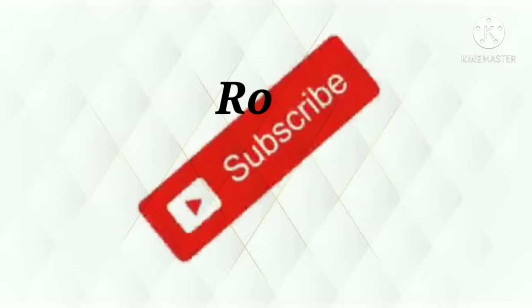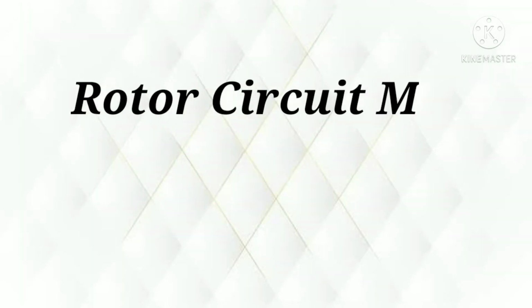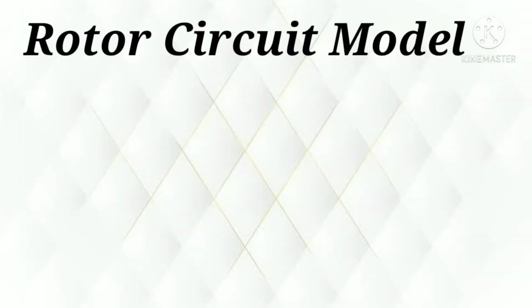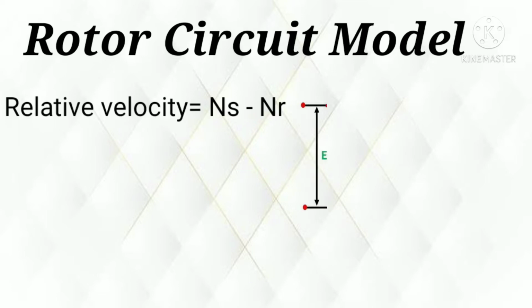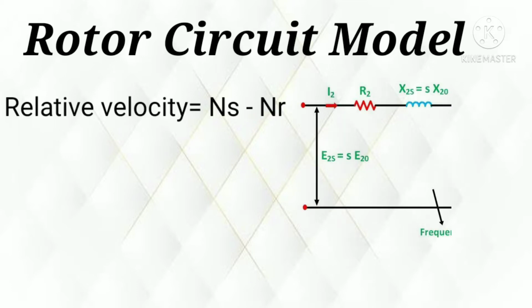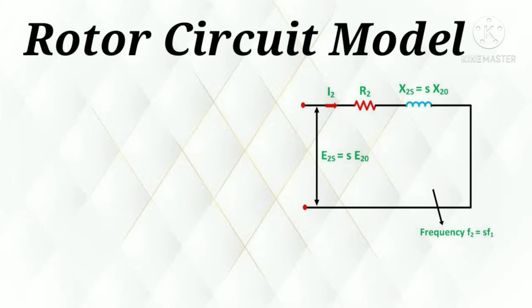Now we will study the rotor circuit model. When a three-phase supply is applied to the stator winding, a voltage is induced in the rotor winding of the machine. The greater the relative motion of the rotor and the stator magnetic field, the greater will be the resulting rotor voltage.